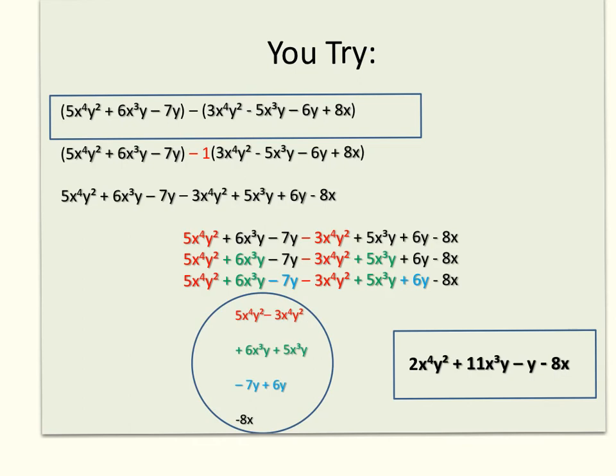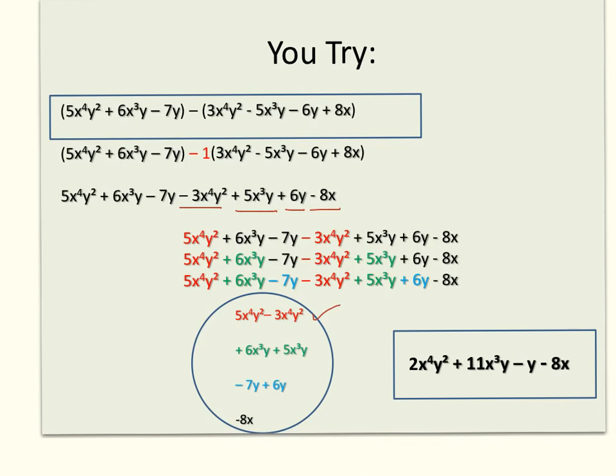When we distribute, you should have gotten minus 3x to the 4th y squared plus 5x cubed y plus 6y minus 8x. I used my colors to highlight my like terms, and then I combined.